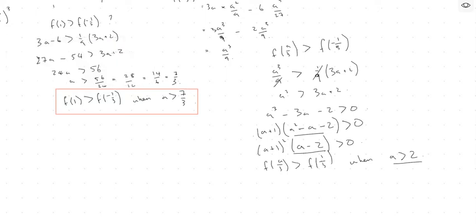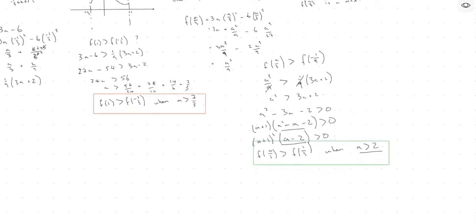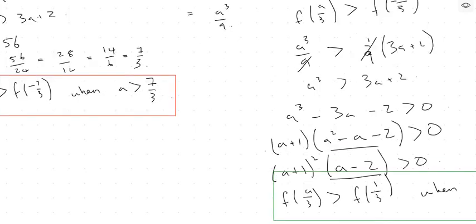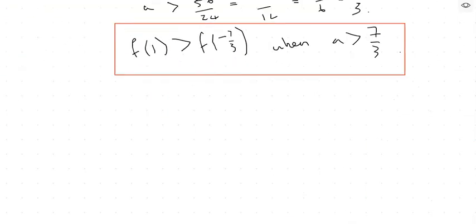And we've now just figured out the green condition, which is here. So the next question is, when is f of a over 3 greater than f of 1? That's our last condition.